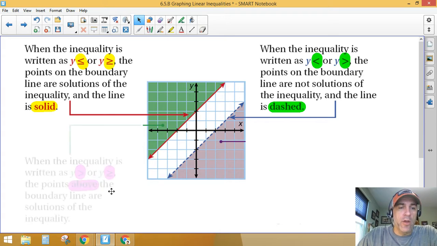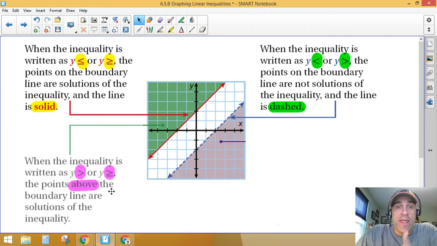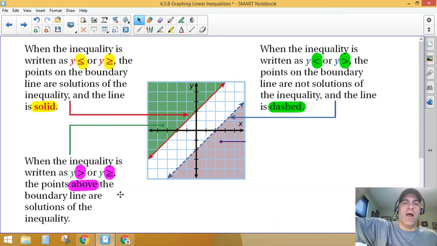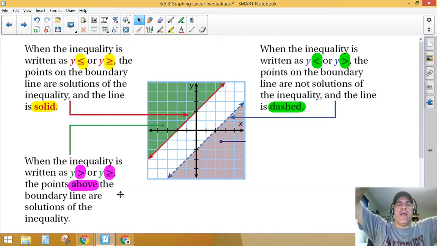Now we've got to look, where do we shade? Where do we get the color? I want to know, where do I get the shade? If you have an inequality greater than or equal to, you shade above because it's saying y is greater than this information. The y-axis goes up and down. So if y is going to be greater, you find a point on that line or dashed line and you go above it, up, and you shade that entire area of your graph.